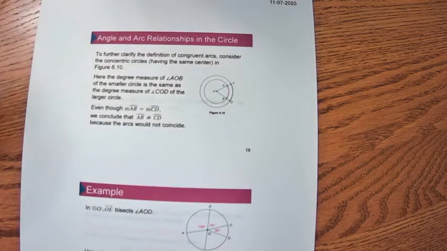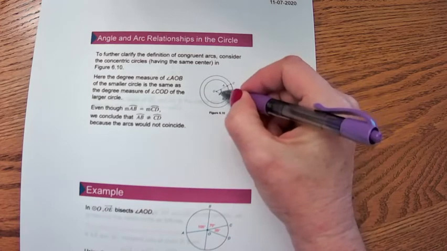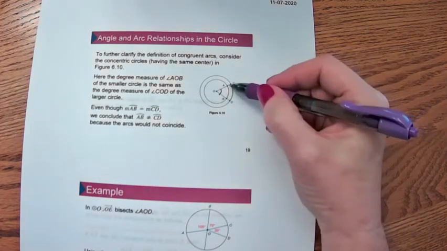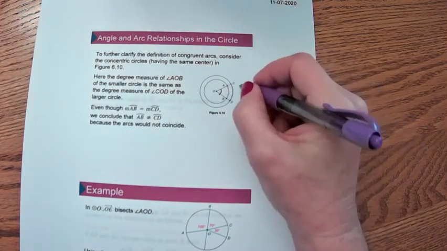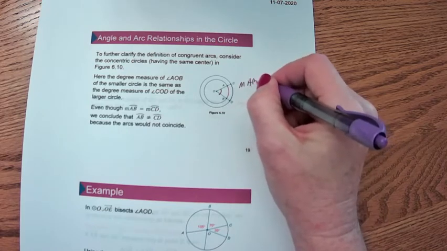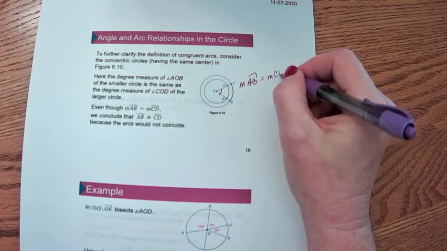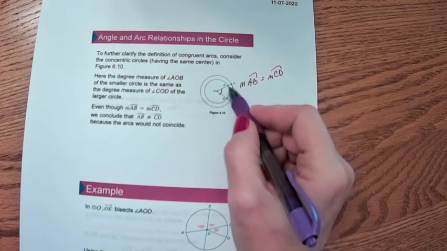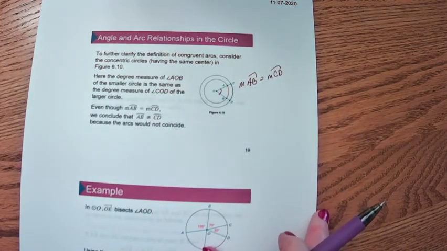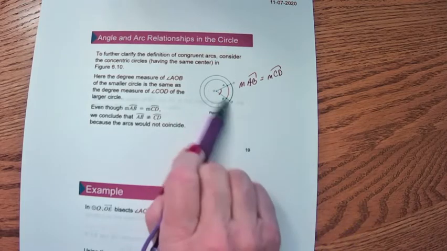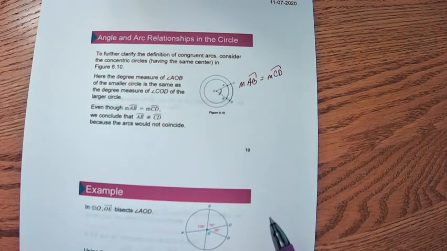To clarify that, let's look at these concentric circles. Obviously, the central angle is going to have the same measure, so the measure of arc AB is going to equal the measure of arc CD. So their intercepted arcs have the same measure, but their radii are not the same.